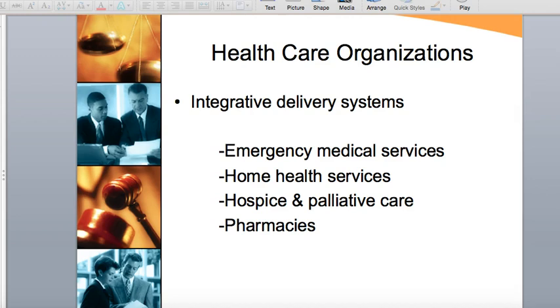And again, it also makes sense for an integrative delivery system to partner with a pharmacy to make sure that somebody who's in an emergency medical situation or who may need home health services and hospice has adequate access and connection to an appropriate pharmacy, so that their medicines are delivered and maintained in an appropriate way.